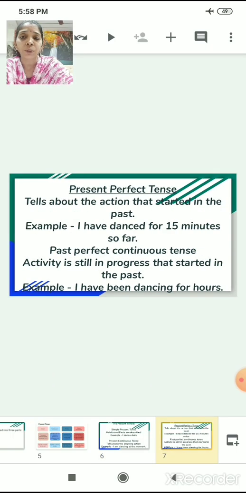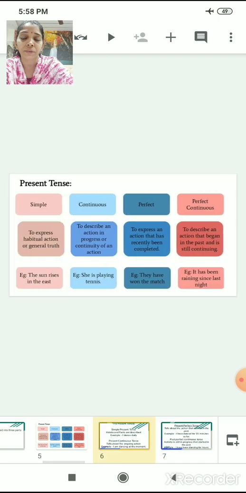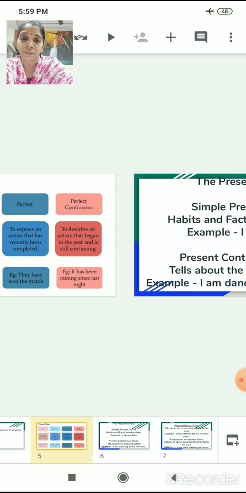I have danced for 15 minutes so far. Present perfect continuous describes an action that began in the past and is still continuing. So this action began in the past and is still going on. For example, it has been raining since last night.